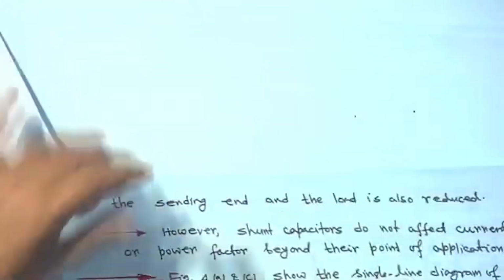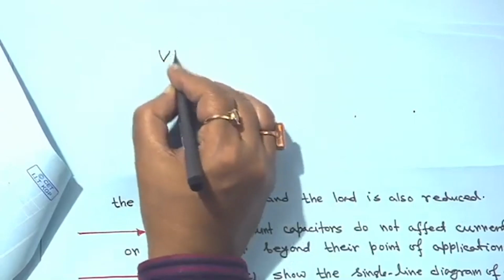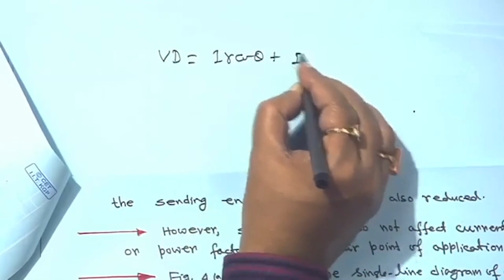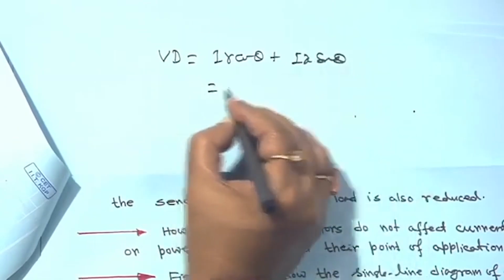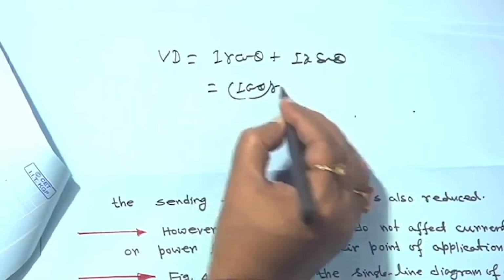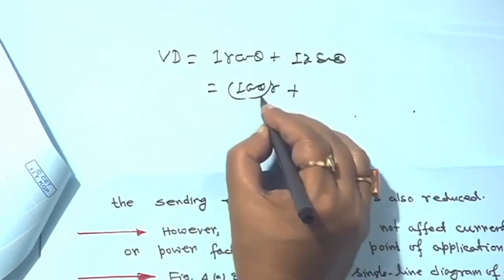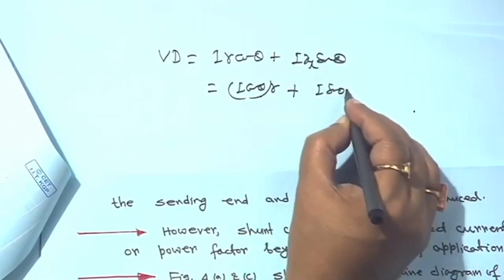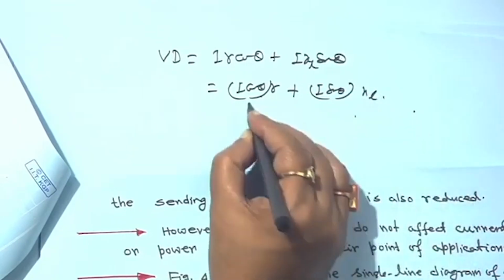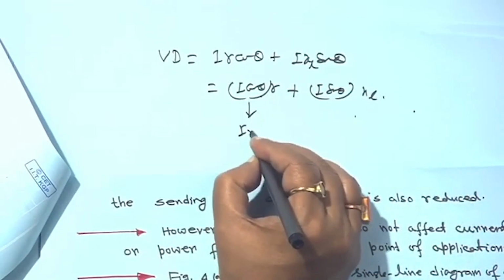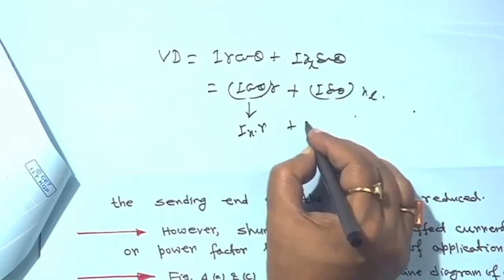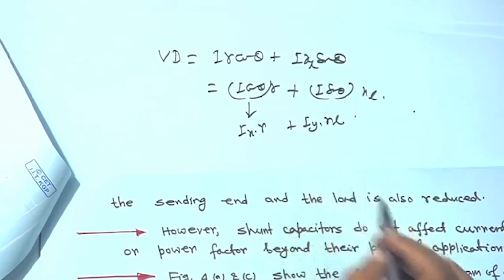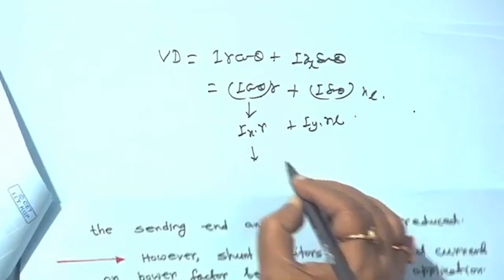We have seen that the voltage drop is equal to I cos theta into R plus I sin theta into XL. I cos theta is the x axis component, and I sin theta is the y axis component, so we can write Ix into R and Iy into XL.